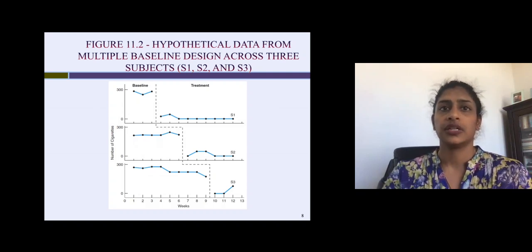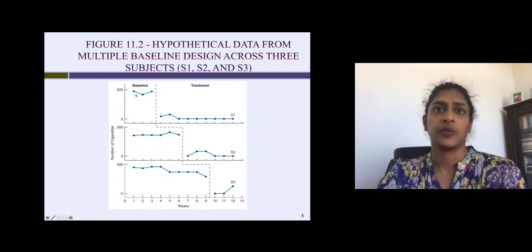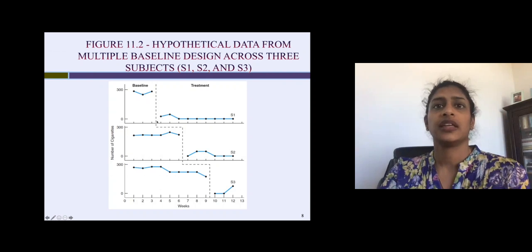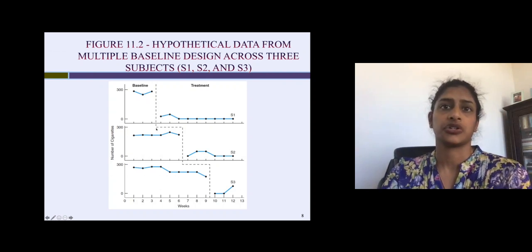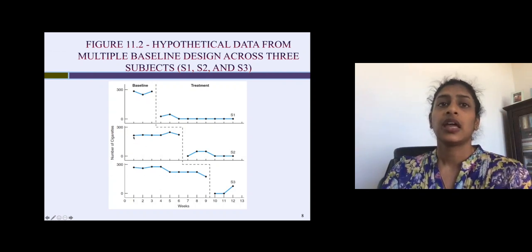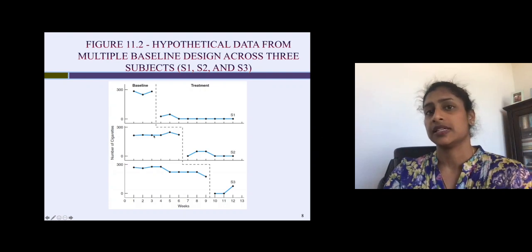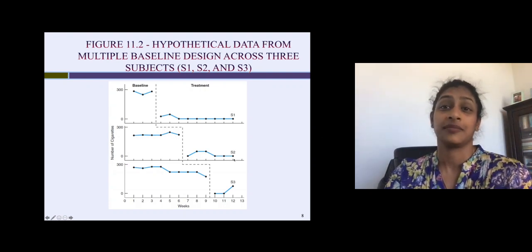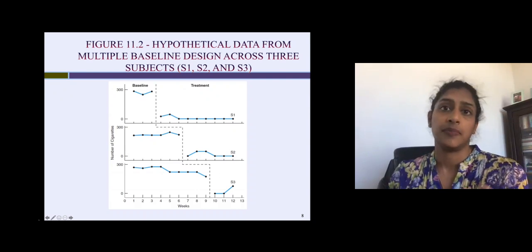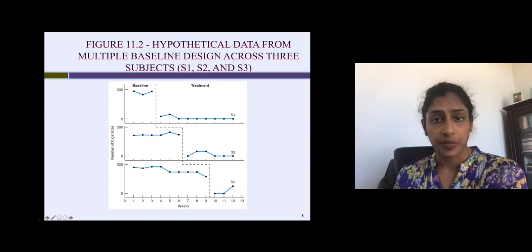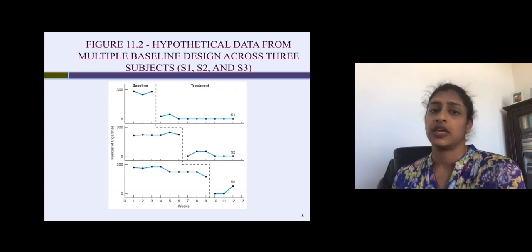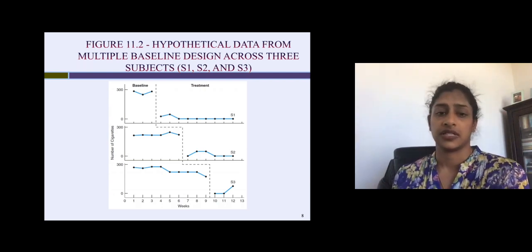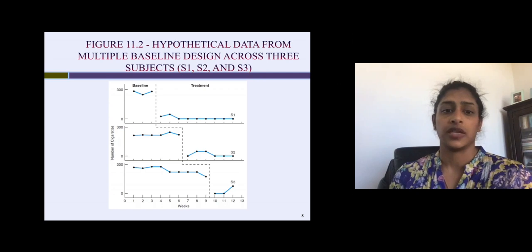So here you can see in our first experiment, we've got our baseline. We then give our treatment after so many days, right? Here we have baseline, we collect baseline data just a little bit longer and then give the treatment much later. And then in our last example, we take baseline data for an extended period of time and then only give our treatment close to the end in terms of weeks, right?